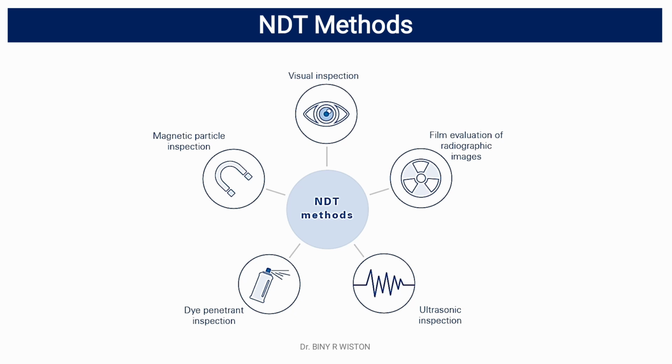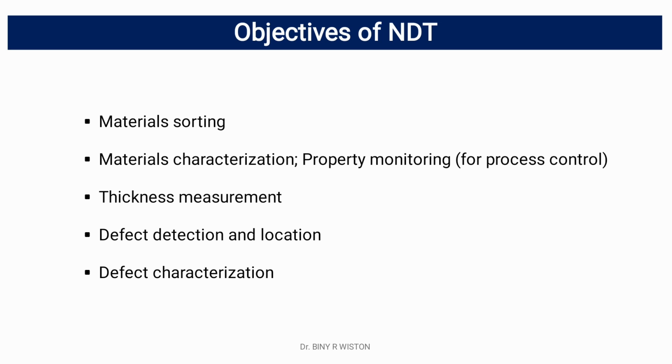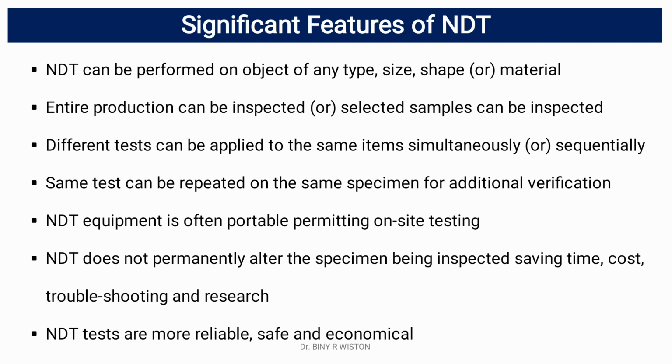Then we have eddy current testing, thermography, laser testing, leak testing, acoustic emission testing, etc. The objectives of NDT are the following: material sorting, material characterization, property monitoring, thickness measurement, defect detection and location, and defect characterization.